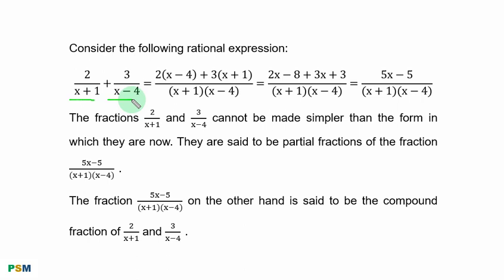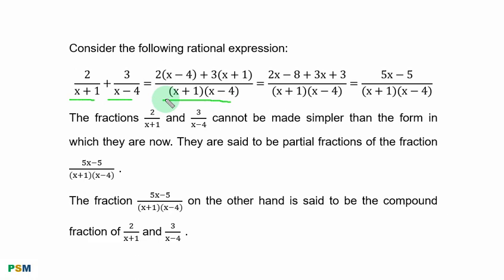To simplify this fraction, you have to find the LCM of the denominators. You have it in this form. To continue, you divide the LCM by each denominator, your answer times the corresponding numerator.